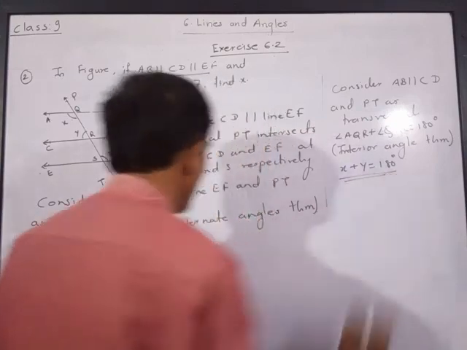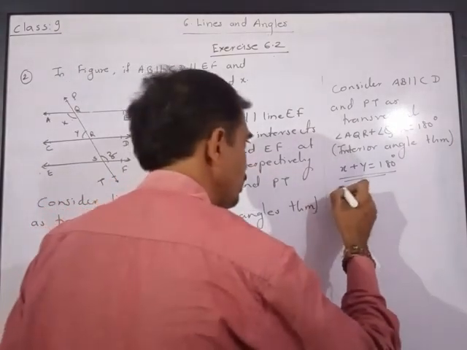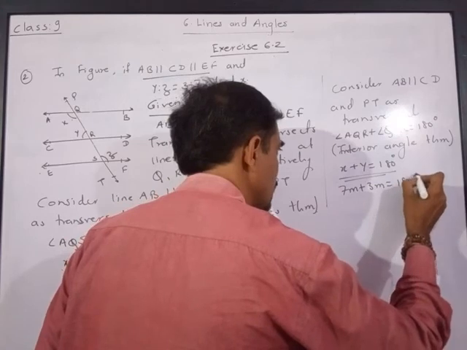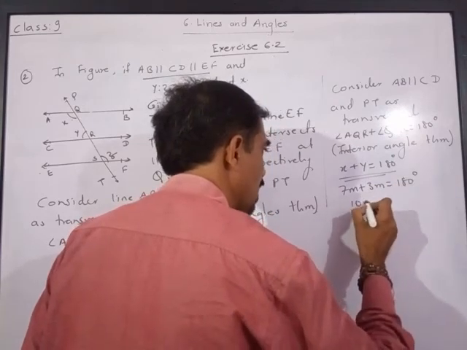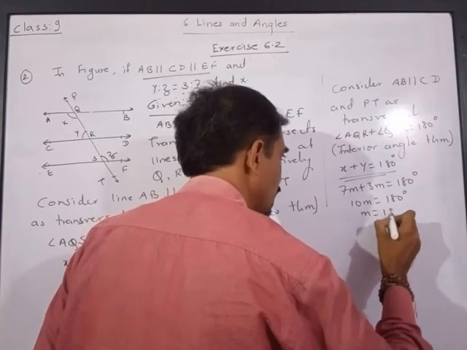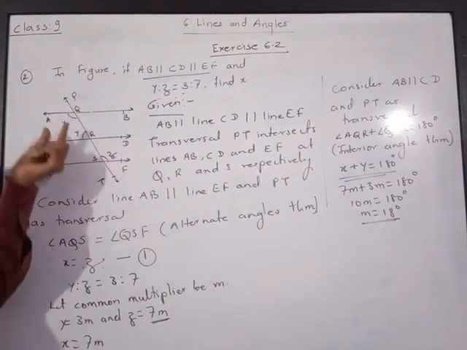Please note, we have already got x is equal to 7m and y is equal to 3m. So we will get 7m plus 3m is equal to 180 degrees. It means 10m is equal to 180 degrees. Therefore, m is equal to 18 degrees. If m is equal to 18 degrees, we can easily find the value of x.